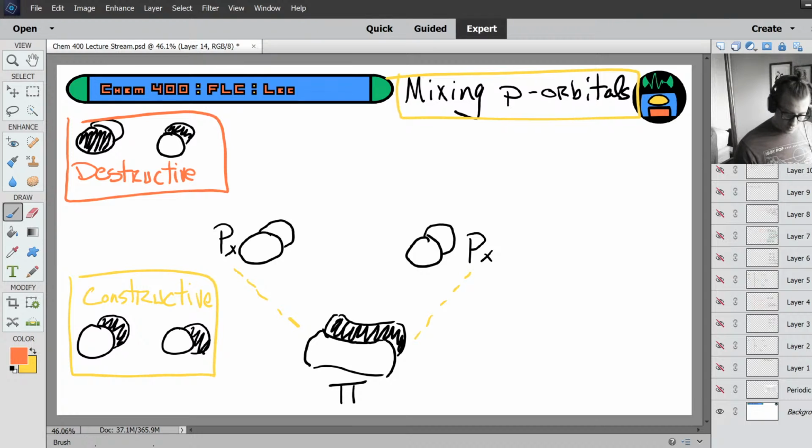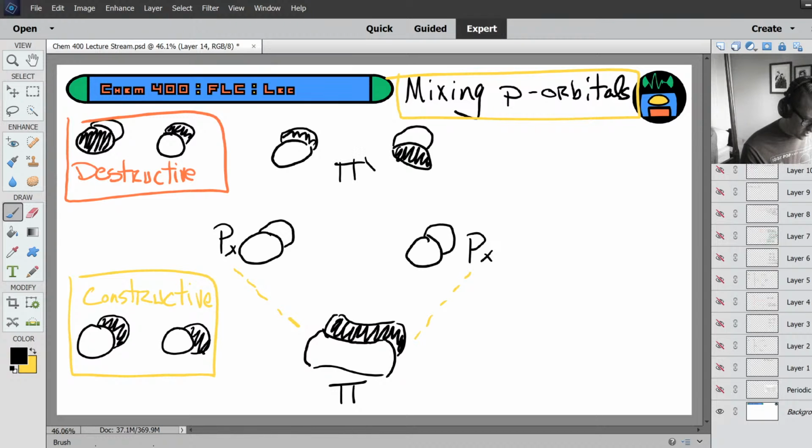And this makes a pi star antibonding orbital. It's a little hard to draw. It's kind of in front and behind, but this is the pi star that forms from the destructive orbital overlap of these two px orbitals. And again, all four lobes here belong to the pi star antibonding orbital.